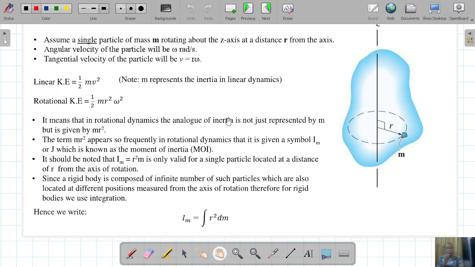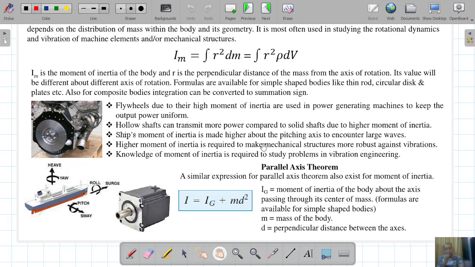So this is all about the moment of inertia of the body, and now we start with the numericals on how to calculate the second moment of area and the moment of inertia of the body, to understand our concepts better. Always remember this formula is very important, because here the concept of mass is applied, and when we apply the moment of inertia of the body, we can also apply the parallel axis theorem, where I equals Ig plus md square.